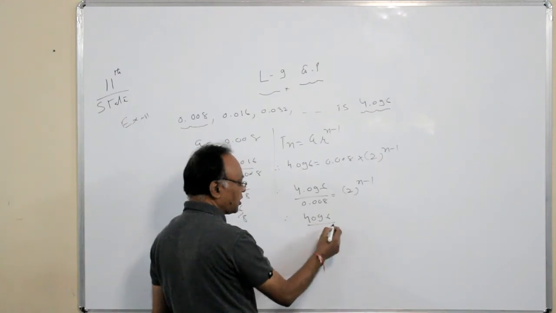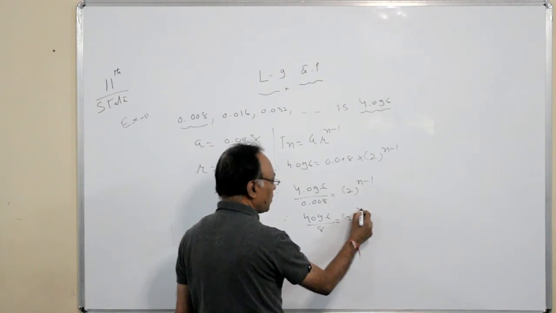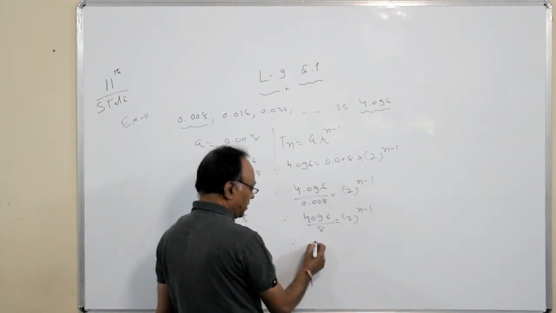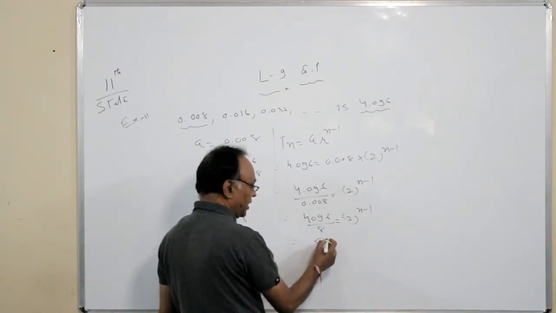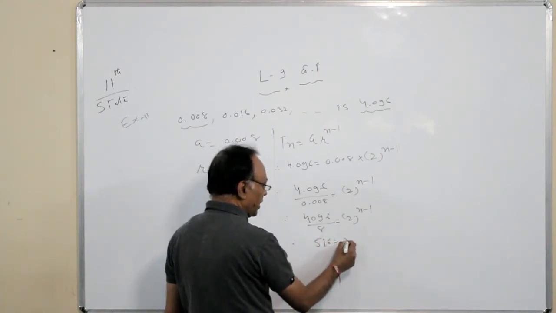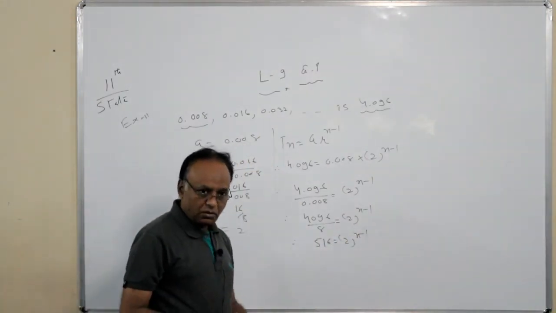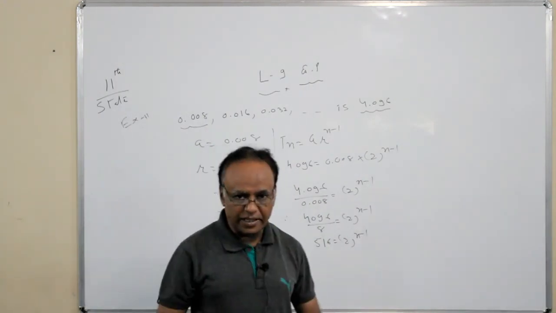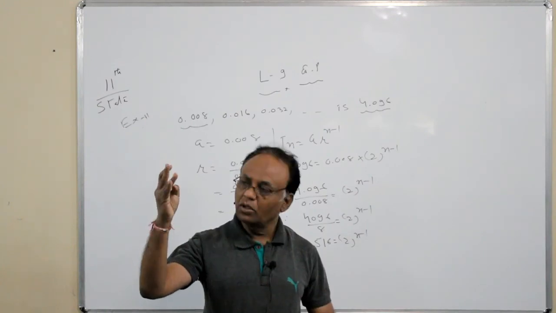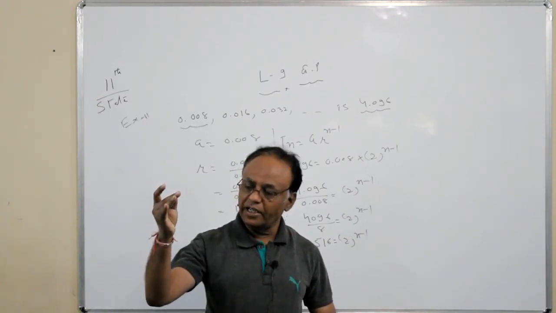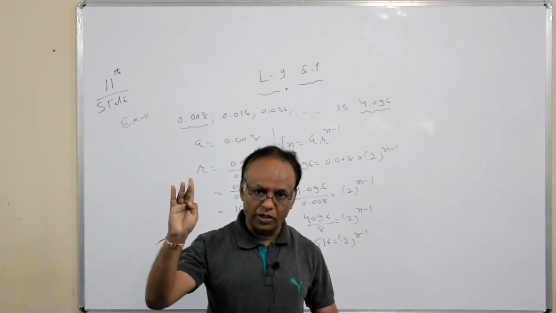So 4096 upon 8 is equal to 2 raised to n minus 1. 8 5s are 40, 8 1s are 8, and 8 2s are 16. Now 2, 4, 8, 16, 32, 64, 128, 256 and 512.